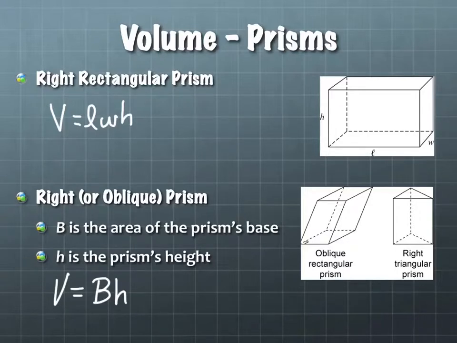If you have a triangle base, you find the area of the triangle. And then no matter whether the shape is right, as in straight up and down, or leaning, like oblique, you find the height. That's the perpendicular distance from top to bottom, and you multiply by that height. So simply taking an object and leaning it over does not change its volume. It changes its shape and how it looks, but it doesn't change its actual volume capacity.